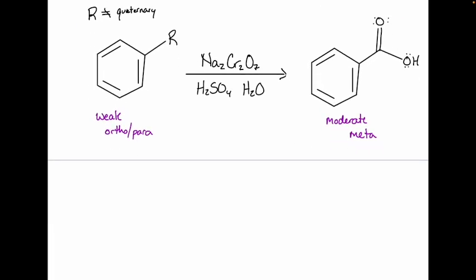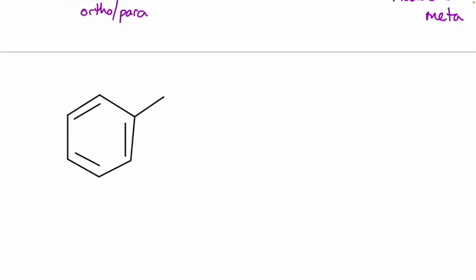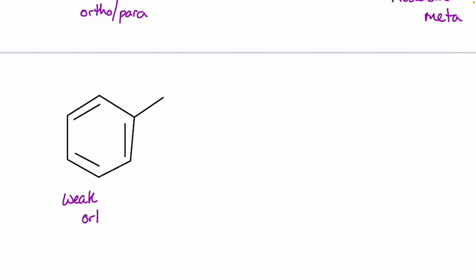Okay. And then the last one is if we took this methylbenzene here, which we really don't call methylbenzene, it's got a special name. What is that? Toluene. All right. And again, this one is weak ortho-para. We took that toluene and we treated it with a huge excess of NBS.